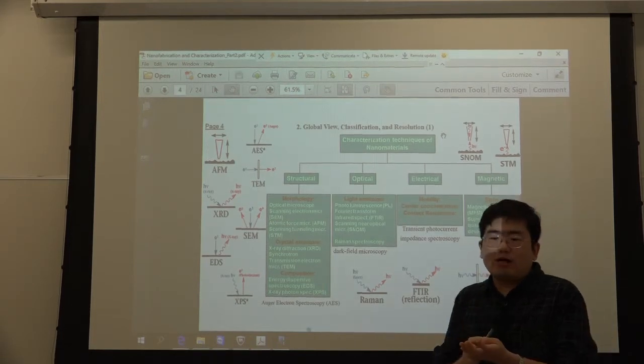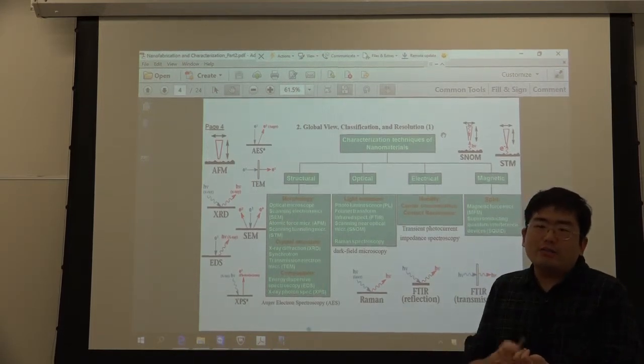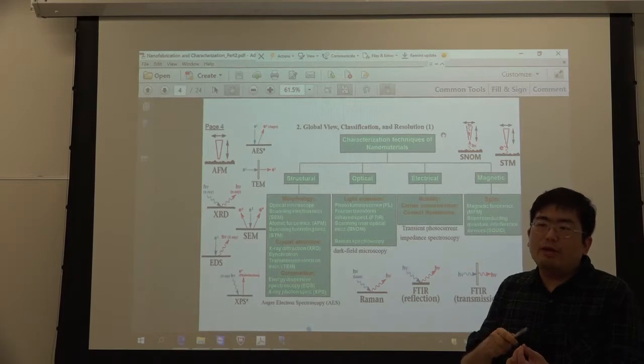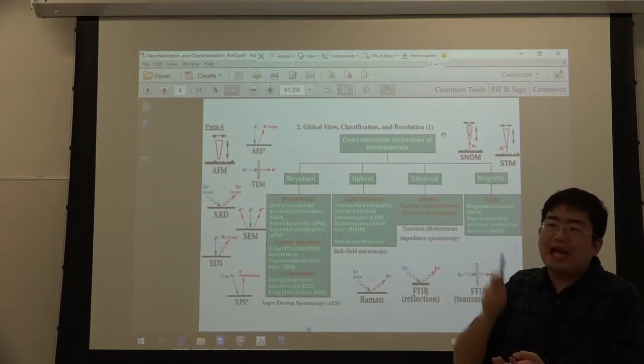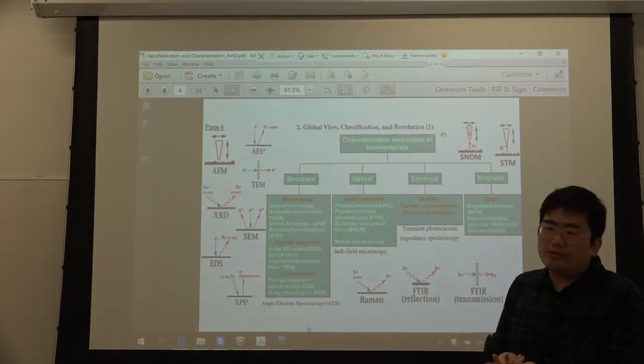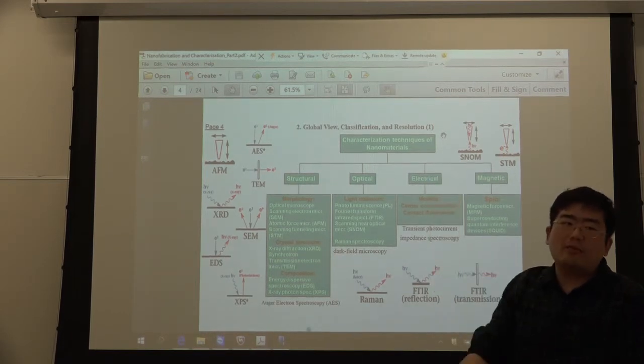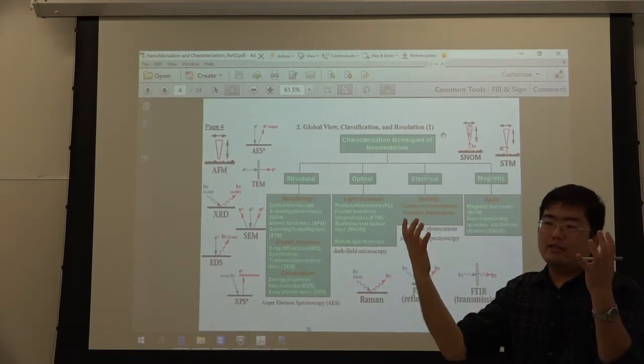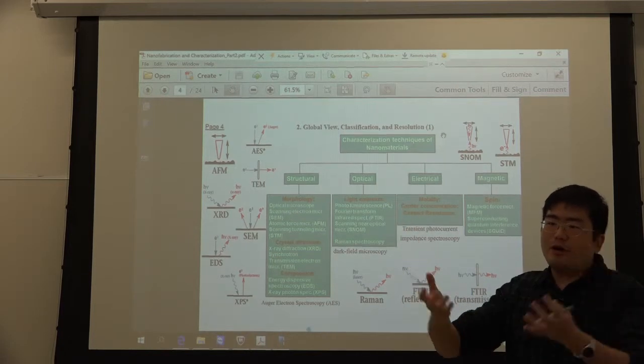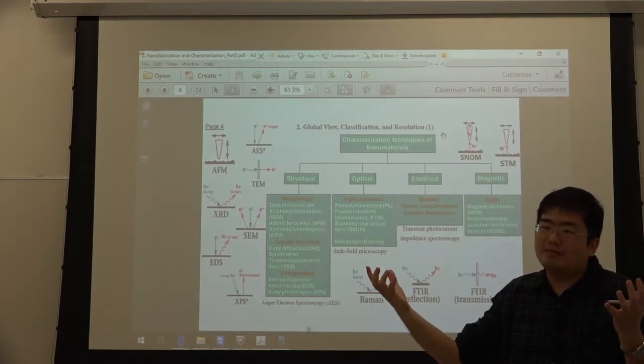Just use electrons, photons, or ions, those types of particles. You use an electron, photon, X-ray, or ion to strike your sample, which excites electrons, photons, or X-rays that you detect.